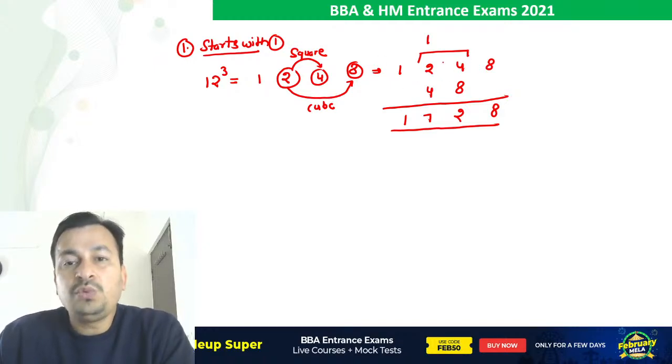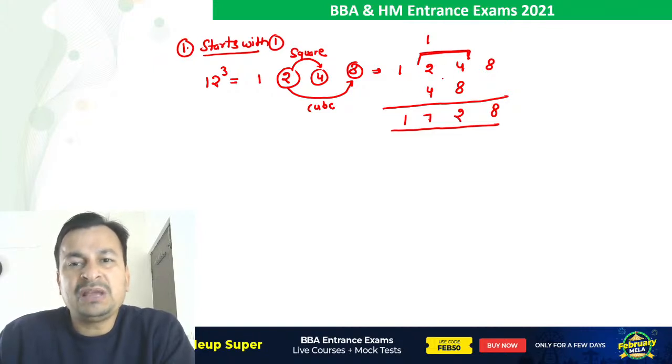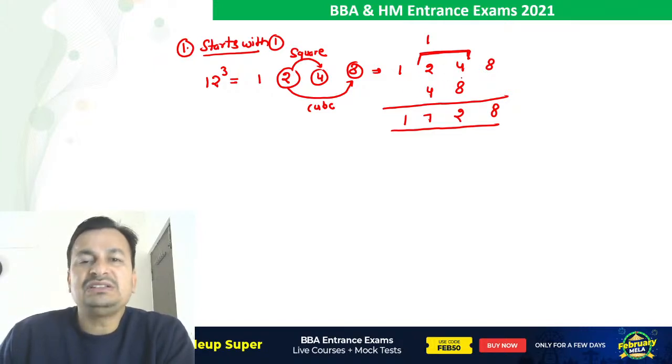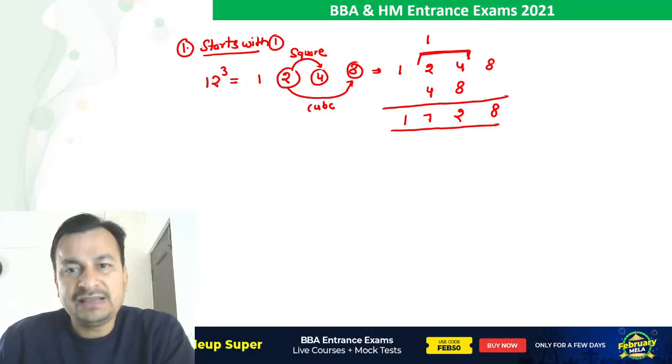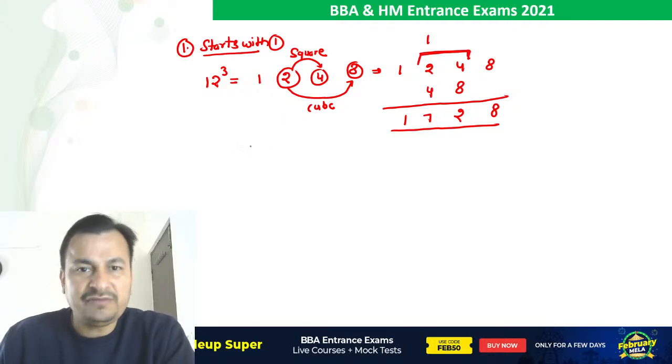Then we will multiply these two middle values by 2. 2 multiplied by 2 is 4, and 4 multiplied by 2 is 8. Then we simply add: 8, 4 plus 8 is 12, 2 carry 1, 1 plus 2 is 3, 3 plus 4 is 7, and 1. So what is the cube of 12? 1728. We'll take one more example.